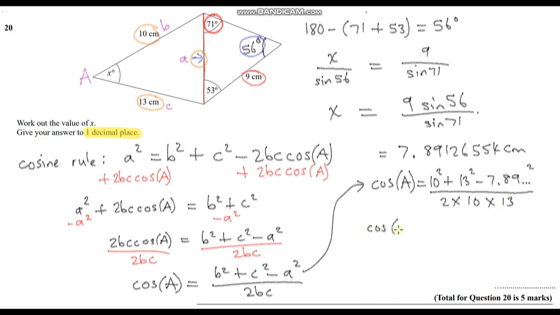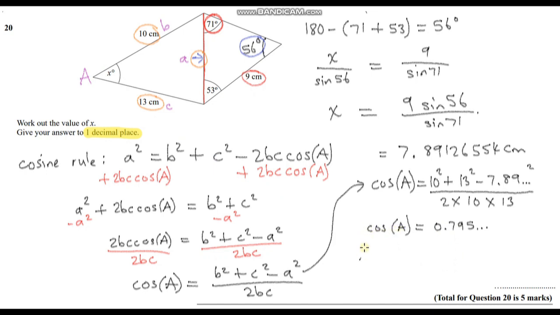So the cosine of A equals, and I've already done all of that to save a bit of time, 0.795 dot dot dot.